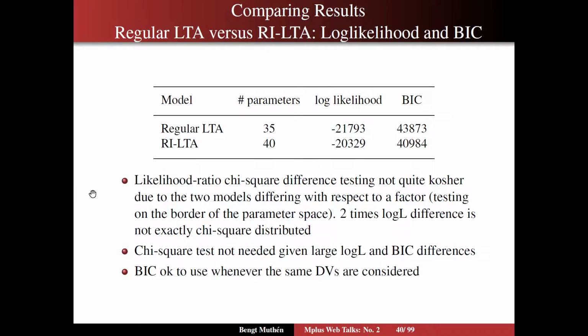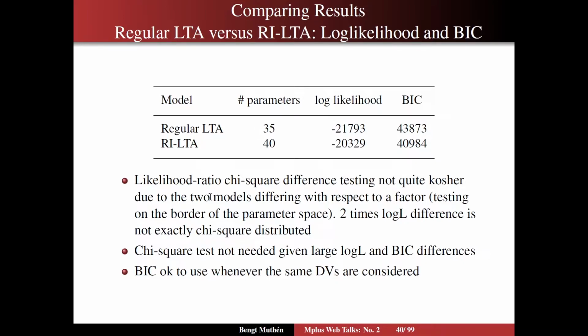The log likelihood ratio chi-square difference testing that we typically do, 2 times the likelihood difference, is chi-square distributed with the difference in number of parameters. That's not quite right here because the two models differ with respect to a factor, a random effect, so you have a variance of a factor involved.